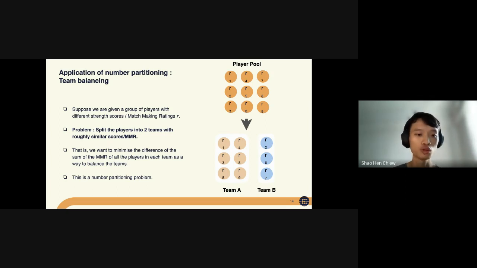If not, it will lead to a very unbalanced game, right? So in fact, what we want to do then is to minimize the difference in the sum of the MMRs of all the players in each team, which is exactly the number partitioning problem that we saw earlier. So this is an example of how a number partitioning problem corresponds to an actual problem.